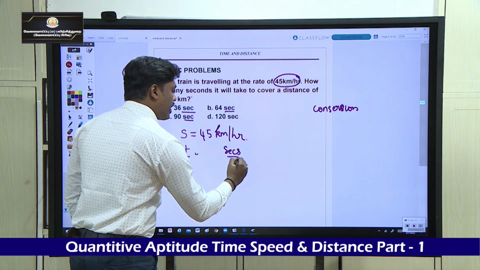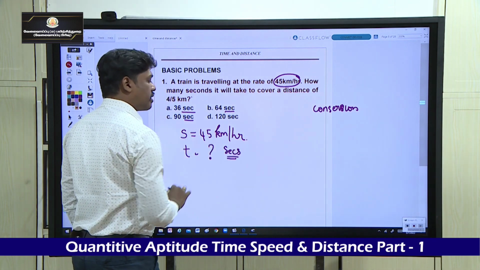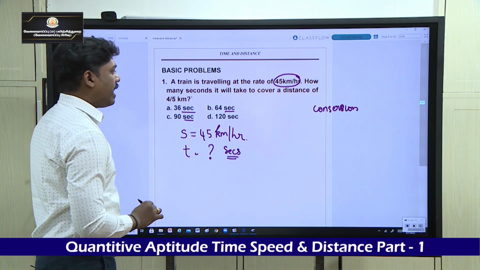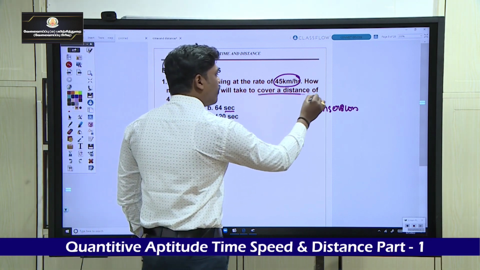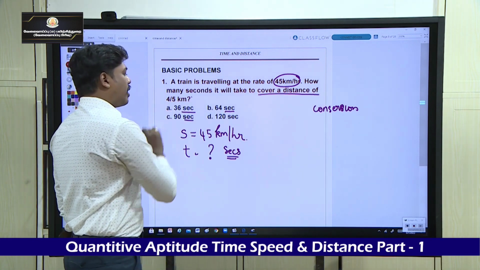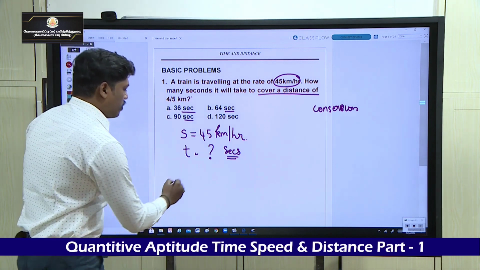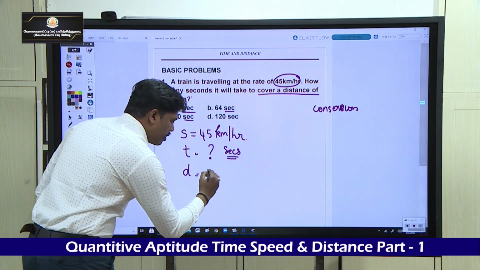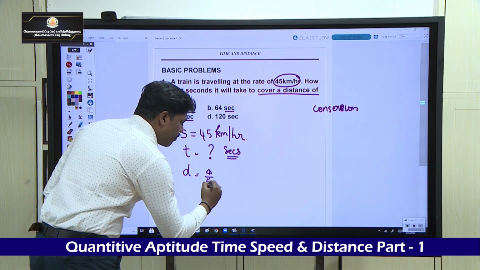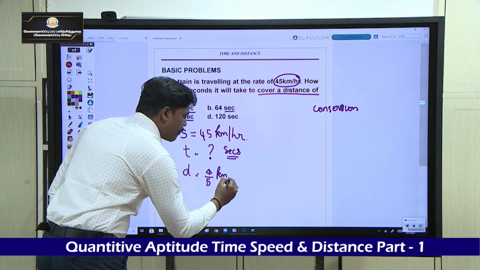It will take to cover a distance of 4 by 5 kilometer. So the distance here is 4 by 5 of a kilometer.